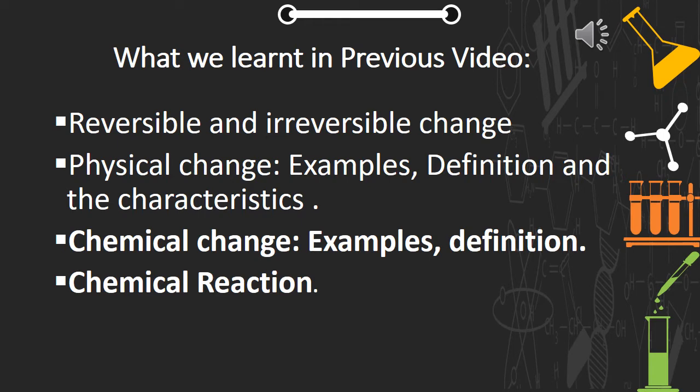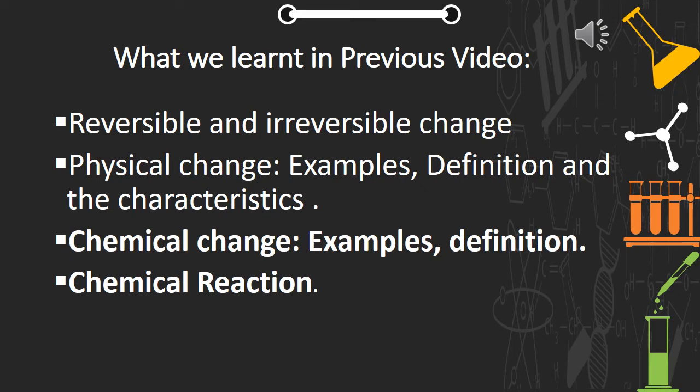So in the previous video, that is video 1, we learned about reversible and irreversible change, where we saw a number of examples. Then we learned about physical change, where with the help of examples we defined physical change, and we also know the characteristics of physical change.